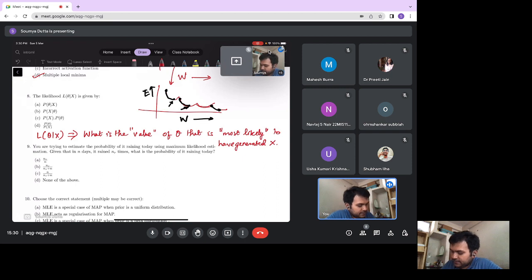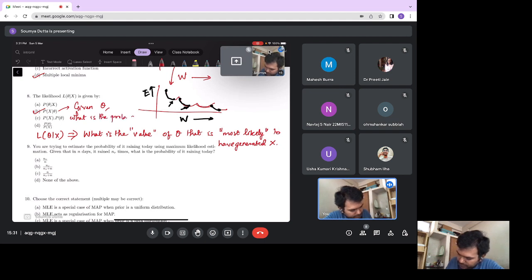If that is the case, then you would understand that this is the correct option, and that means that given theta, what is the probability of generating x? So that is the likelihood function. So option 2 is the correct one here.